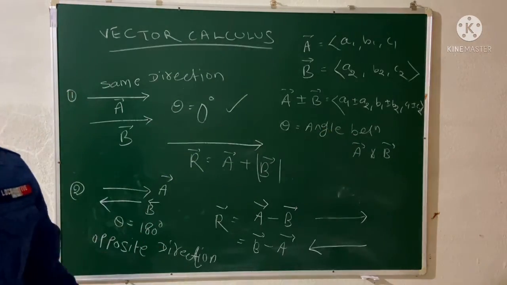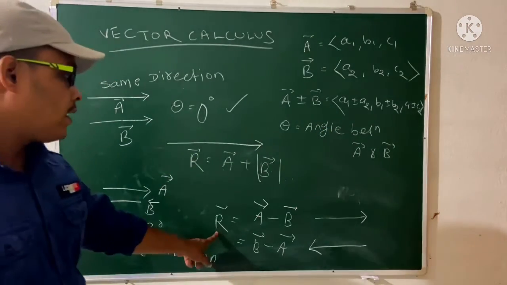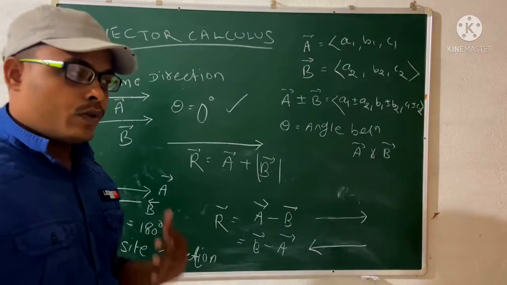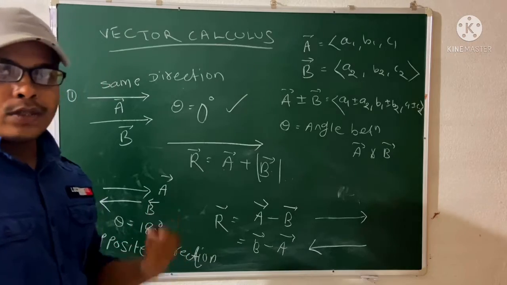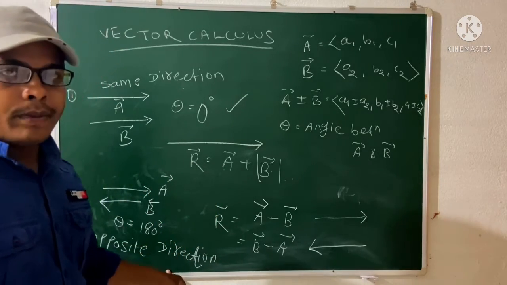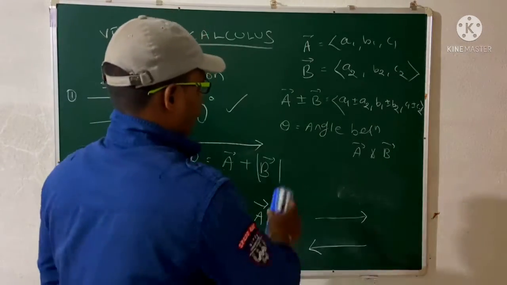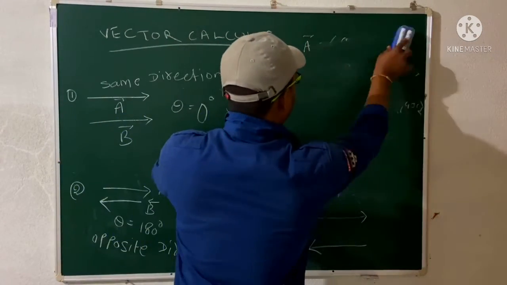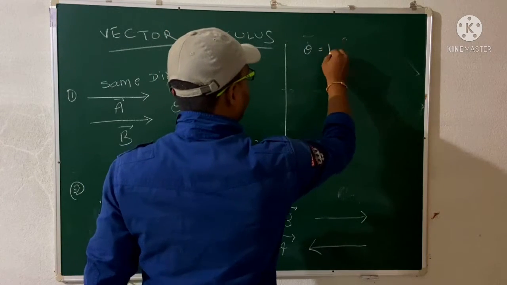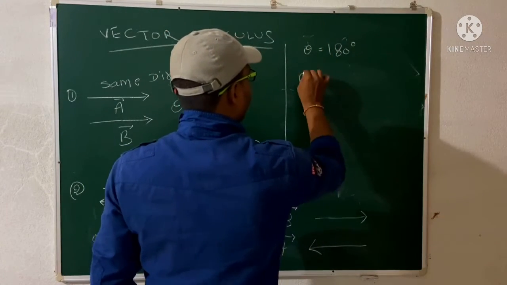But if it is 180 degrees, then your resultant will be A vector minus B vector or B vector minus A vector. Because when we are doing the equation root of A square plus B square minus 2AB cos theta, your cos theta will be minus 1. So if theta equals 180 degrees, what will be your resultant?